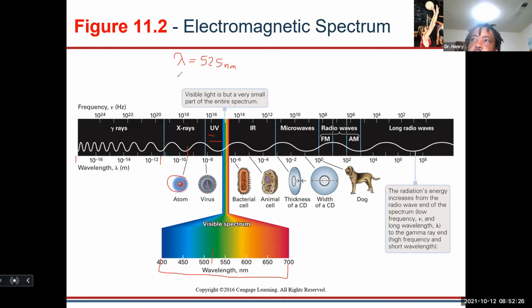I want to calculate the frequency. What is the symbol for frequency again? We just talked about it. Anyone? Okay. The symbol for frequency is nu.